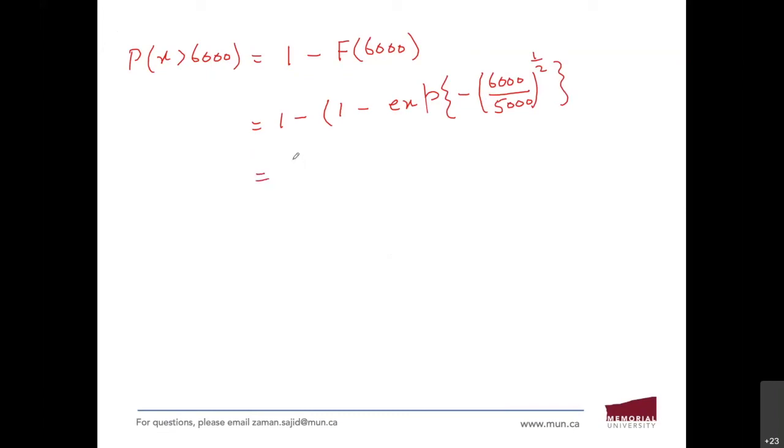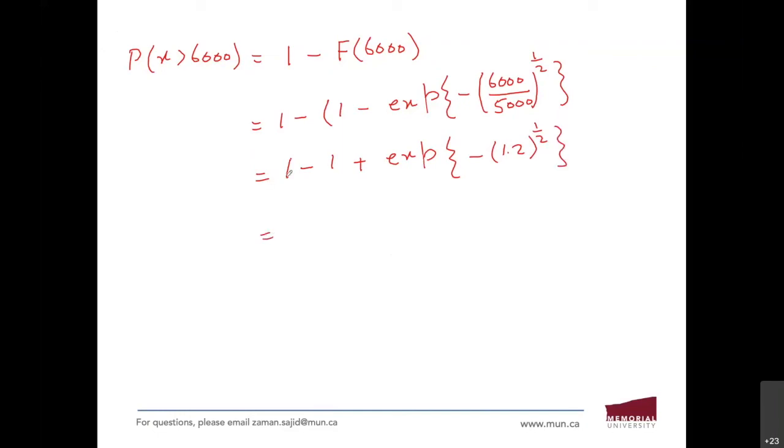Now this will be 1 minus 1. Now this is the negative sign here, it will change to the positive. Positive of exponential of minus. Now once you solve this, you will get 1.2 power 1 by 2.